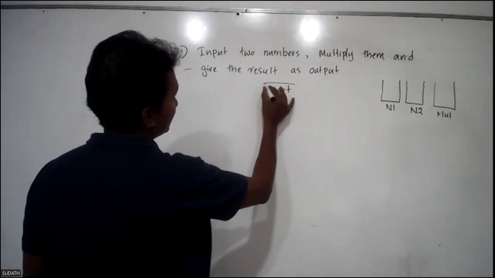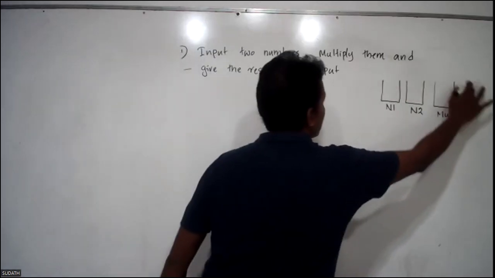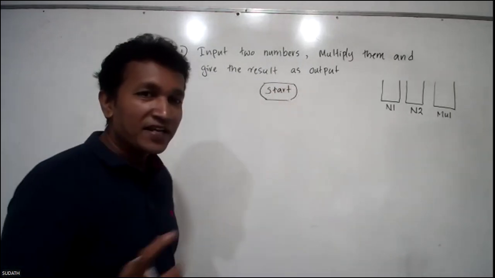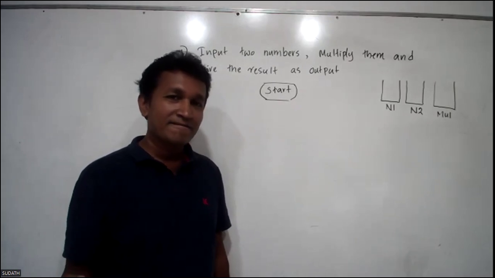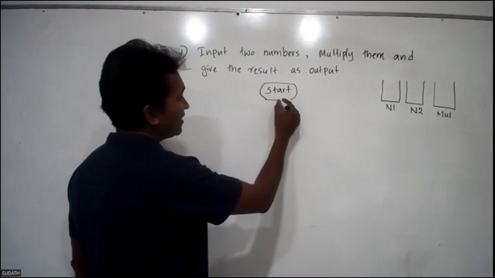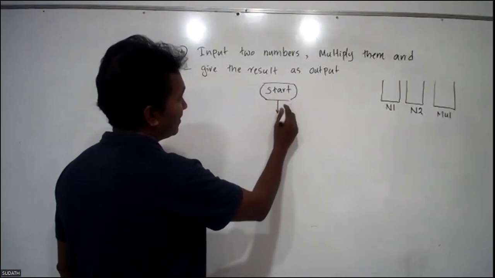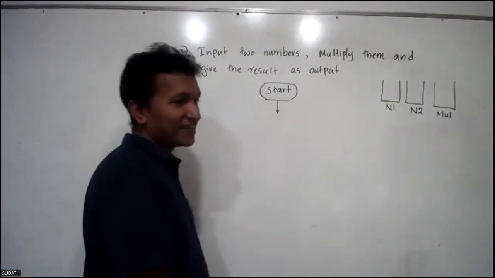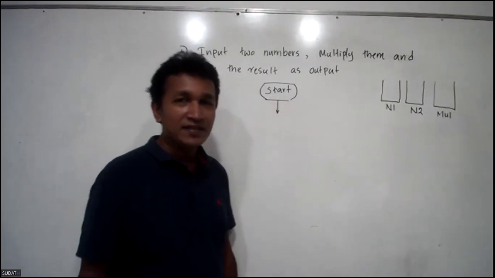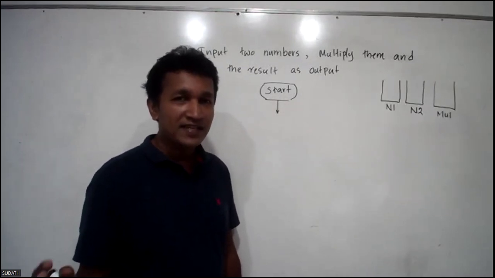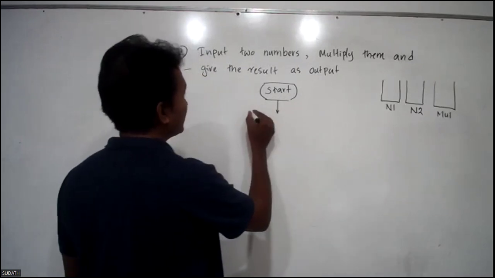Start. This is my first step, creating variables. In a flowchart, what is that? It's a process. We are creating variables, so that is a process.